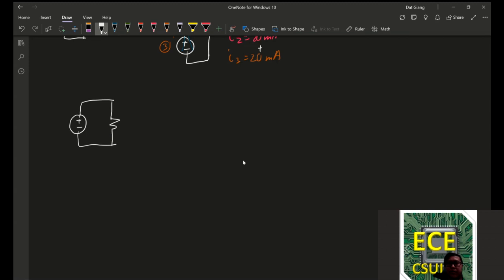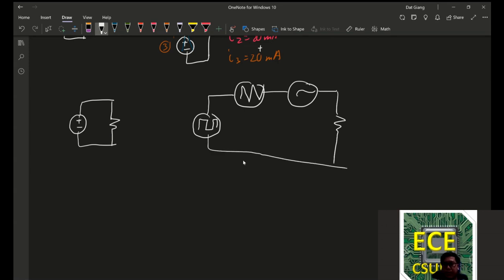You might have complicated sources. You may have pulses, sawtooth generators, or even a sinusoidal source, and then this would be evaluated onto a resistor, for example.